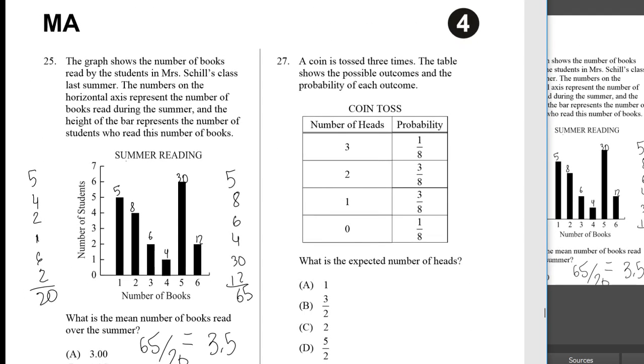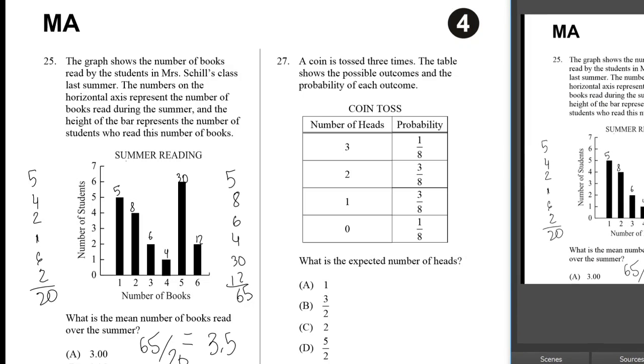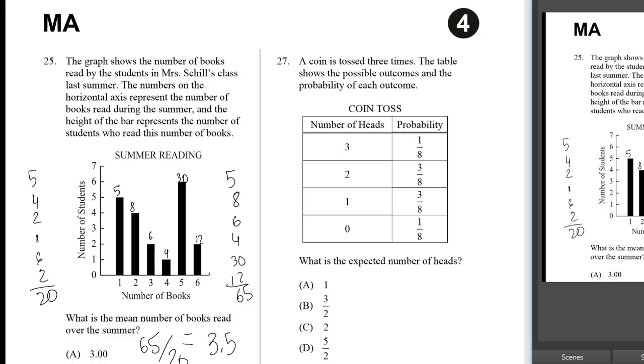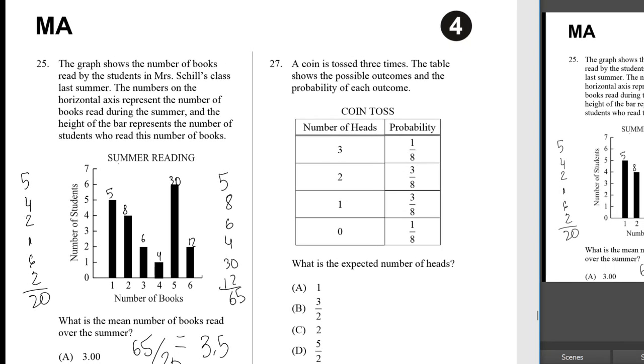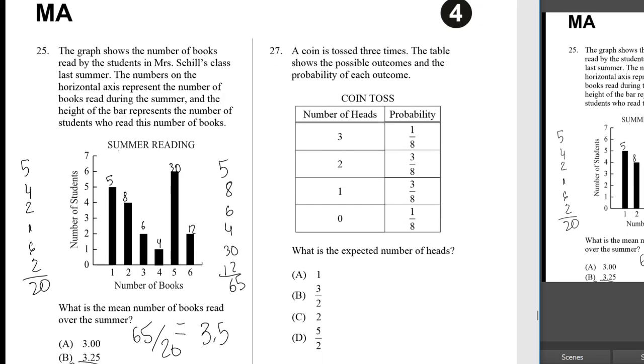27. 27's tricky for a few reasons, but I honestly took this to be more of a common sense problem than even just going through the problem. Essentially what they're saying, a coin is tossed 3 times, the table shows the possibility of outcomes and the probability of each outcome. So it's saying if you toss a coin 3 times, the chances of you getting 3 heads in a row is 1/8, and that makes sense, right?